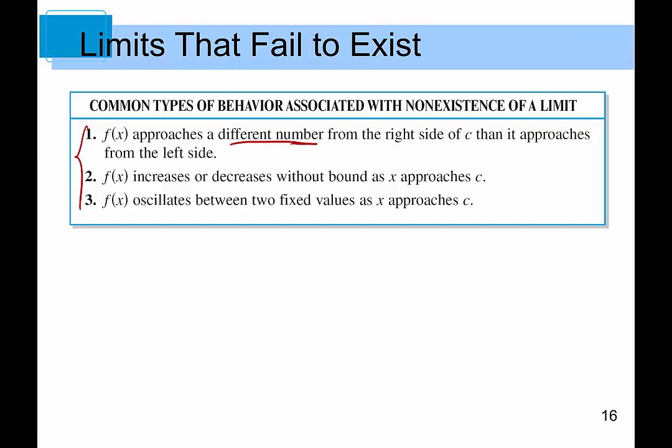Second, f of x increases or decreases without bound as x approaches c, and it becomes infinity, approaching plus or minus infinity from left and right. Third, f of x oscillates between two fixed values as x approaches c. So that's the third case where a limit fails to exist.